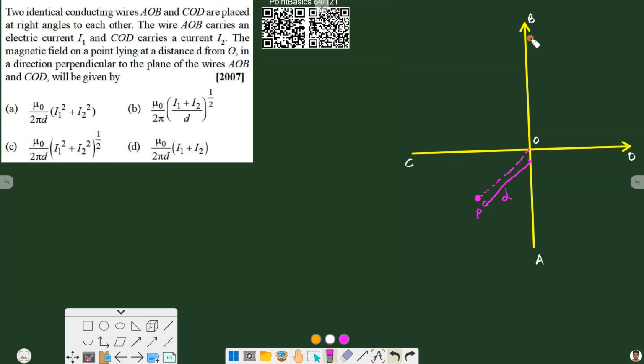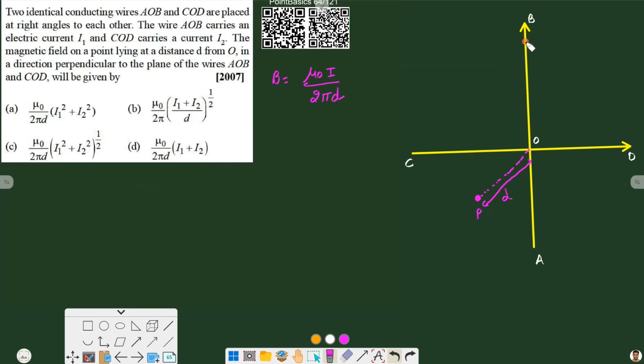First of all, let's take these as the directions of the currents in both of these wires. Now, as these are infinite conductors, we know that the value of magnetic field will be μ0 I by 2πd.